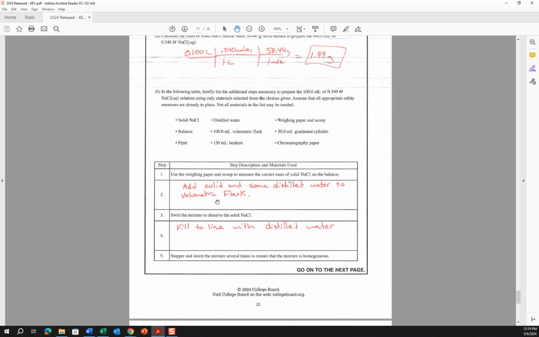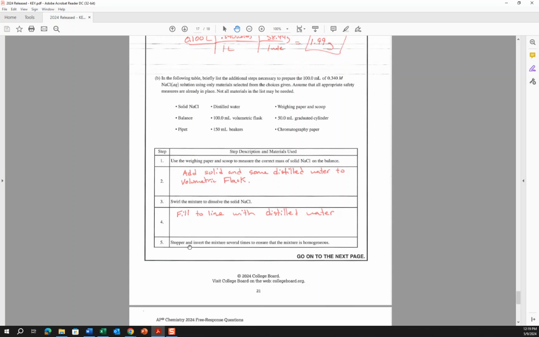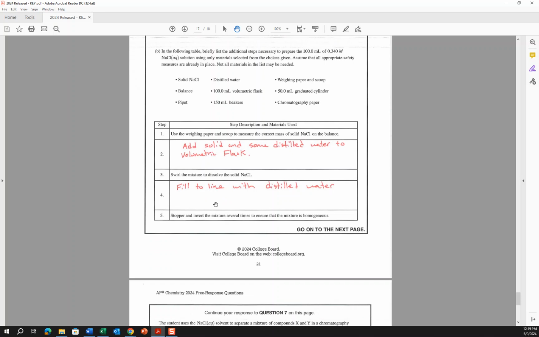Okay, and then once all the solid is dissolved, you can fill it up to the line with distilled water, so that the bottom of the meniscus is at the line. Okay, something like that. And then shake until it's a solution. Okay. So as long as you had something along those lines, you're probably good to go.